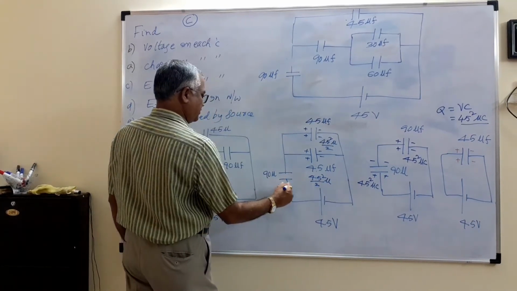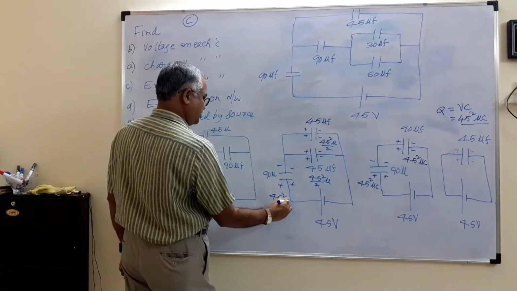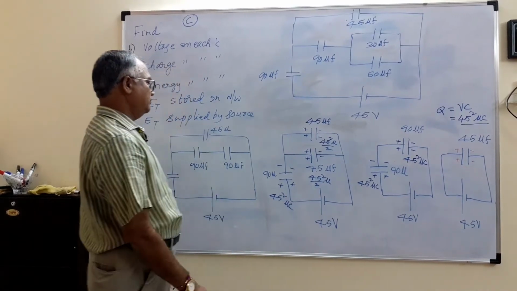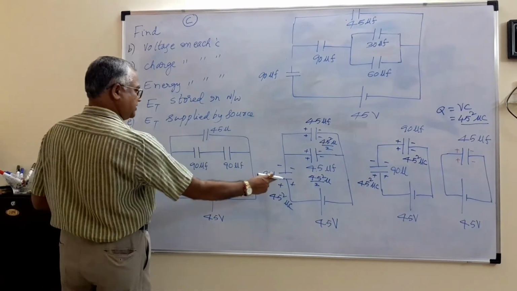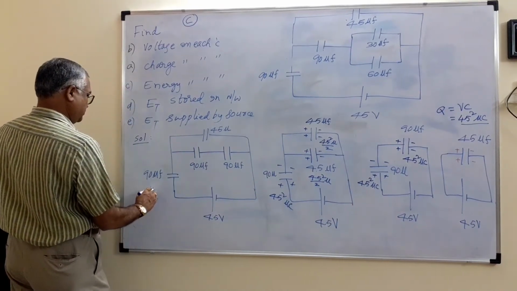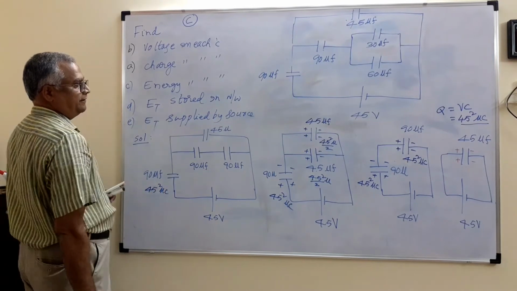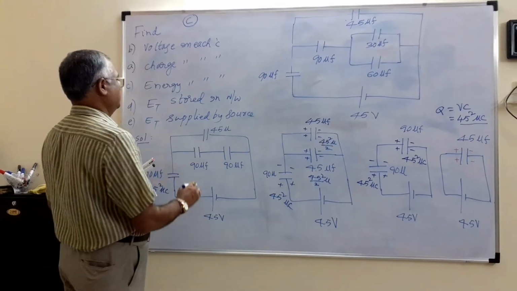This anyway same, 45 square microcoulombs. So step by step we are going. This anyway same. So 45 square microcoulombs. Now this same.